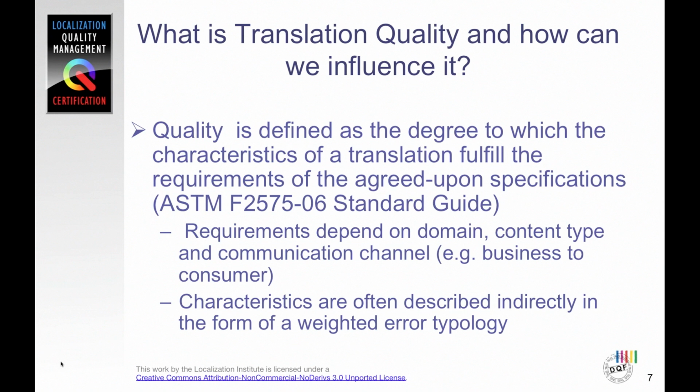Content types are things like a web page, a marketing document, a technical manual, etc. Characteristics of a translation are often described in a somewhat indirect way by listing all the types of errors as we find in the weighted error typology, such as the Lisa scoring or the J2450.